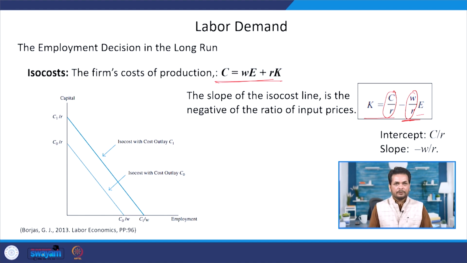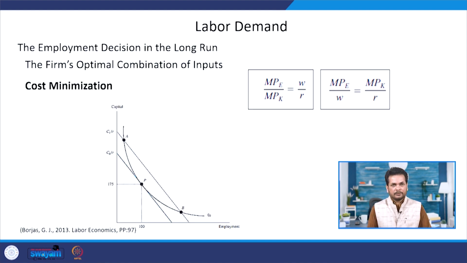Now, let us try to find out how the farm finds the optimal combination of these factor inputs to be employed in order to produce a fixed level of output. Here we have considered the cost minimization method. We have fixed the level of output.